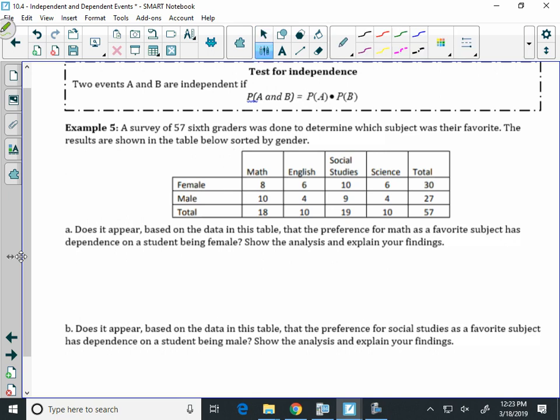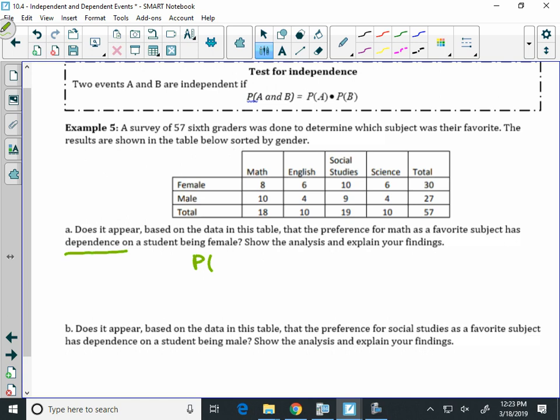So what we're going to do, if we're trying to determine that there's dependence or independence, and we're given a table, we have to use this test. What two things are we trying to determine are independent or dependent of each other? When we read, what two things are we trying to determine are independent or dependent? Dogs and cats.